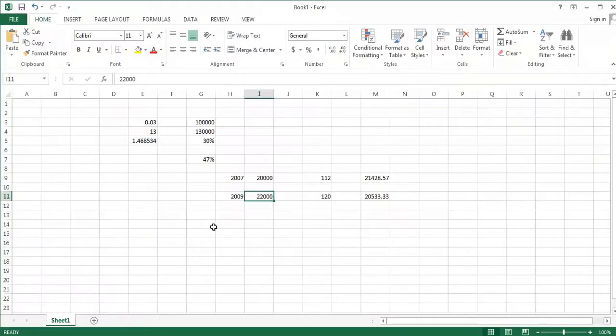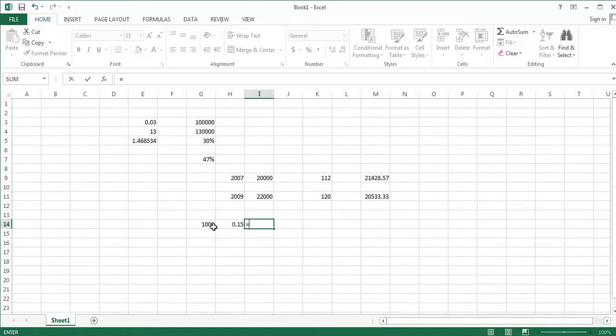Well, if we take $1,000 and we're going to earn 15% on it, then the amount we're going to have at the end of the year is our initial principal, $1,000, plus our principal times our interest rate. So we get our principal back, that's this first G14, and then we get an amount of interest income equal to our principal times our interest rate.